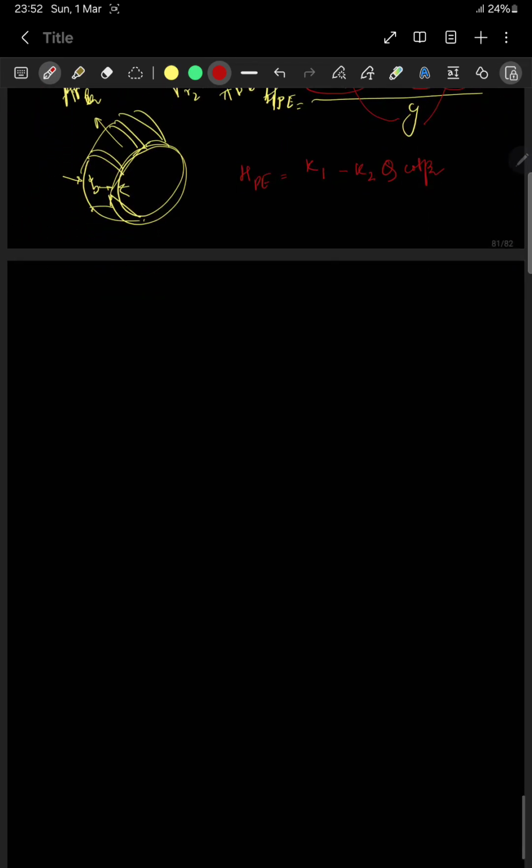So now we have pump characteristics. Pump characteristics is a graph between H and Q. From this equation, we have three kinds of pumps depending upon beta 2.